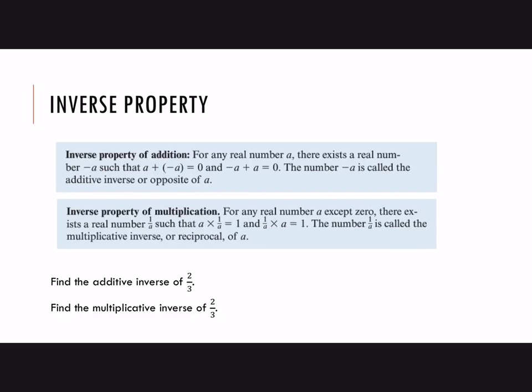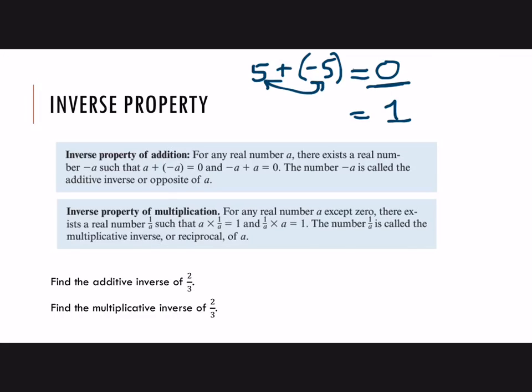Once we have this special number 0 and this special number 1, the two identities, we are interested to know how we can get to those numbers from any other real number. For instance, if I start at 5, what can I add to 5 to get back to the identity 0? The answer is -5, and numbers like this that come in pairs that add up to the identity 0 are called inverses.